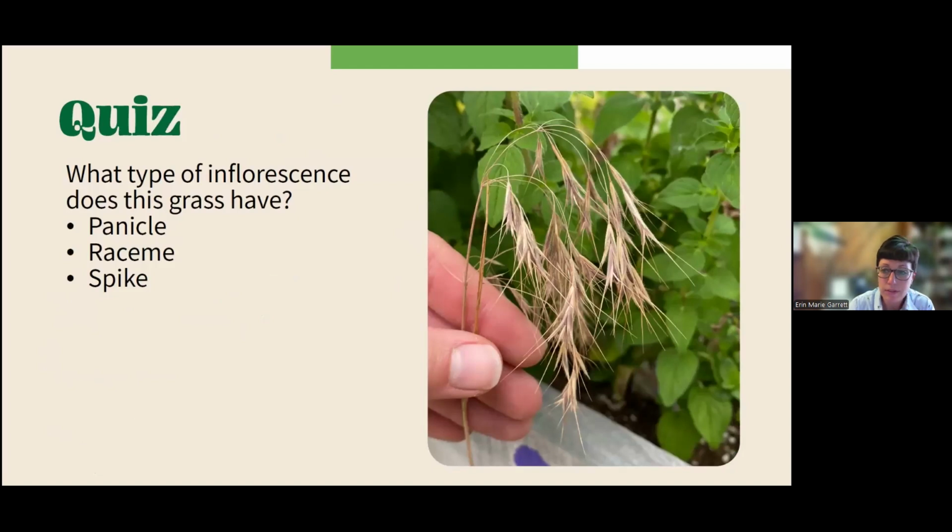Okay. So if you've joined us earlier in the week, you know it's time for a quiz. If you would like to put in the chat what type of inflorescence you think this grass has, we'll see how we're doing.